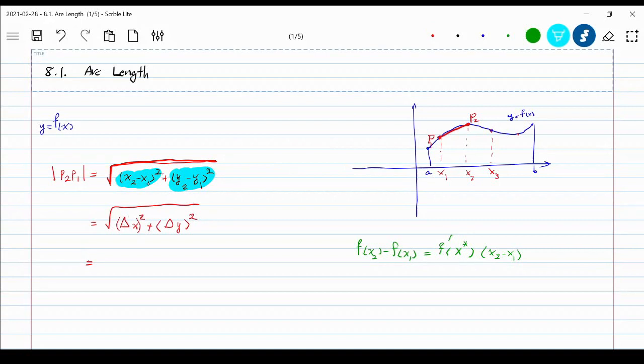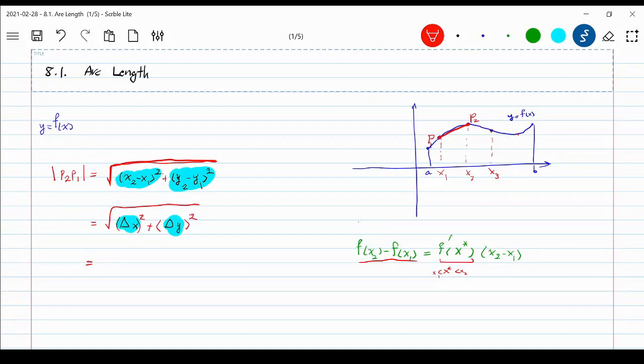The difference in x is delta x, so delta x squared, and the difference in y is delta y. We can rewrite this in a better form using the mean value theorem: f of x2 minus f of x1 is the same as the derivative at some point x star between x1 and x2, multiplied by the difference x2 minus x1.